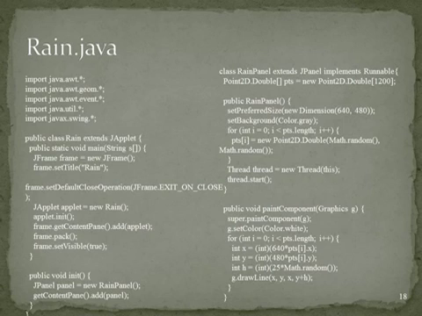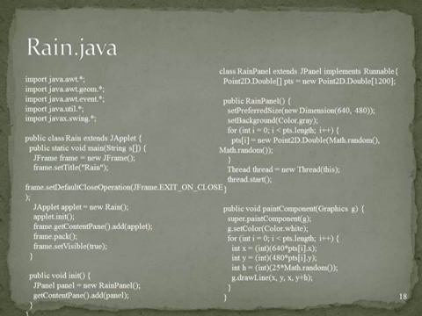A new thread is created in the constructor of Rain to execute the code provided by the run method in the same class. The run method contains an infinite loop that updates line locations in the pts array. Each point is increased by a random amount in the y coordinate, so the line drops down. When a line reaches the bottom, the point is reset to a random location in the top region.